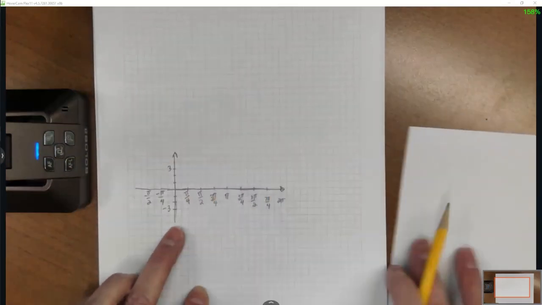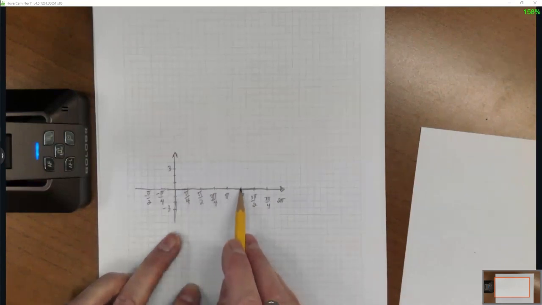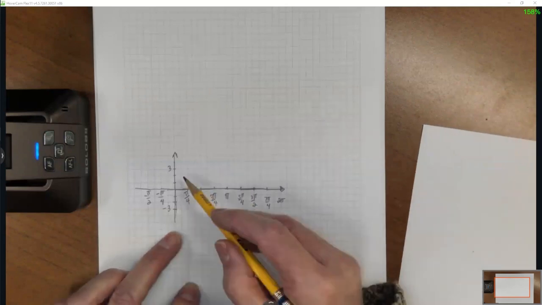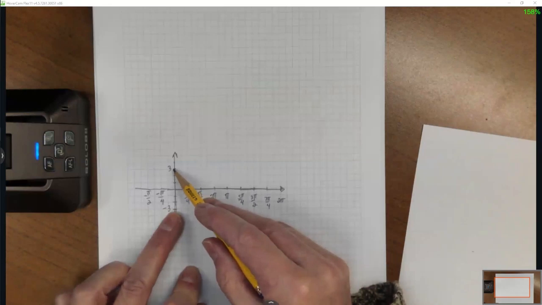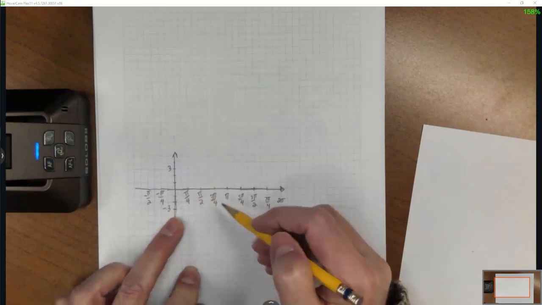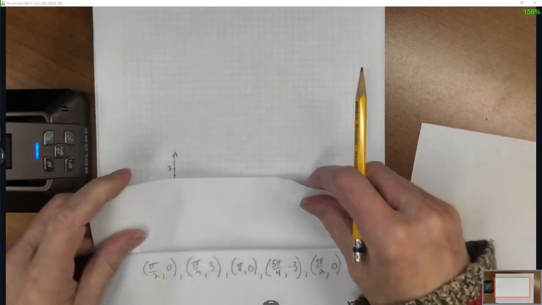And remember that between key points, it was pi over 4, so it makes it convenient to step by pi over 4s on our x-axis. And we know that the amplitude is this 3, so we'll take it up to the max of 3 and the minimum of -3. And remember our first point is pi over 2, 0.